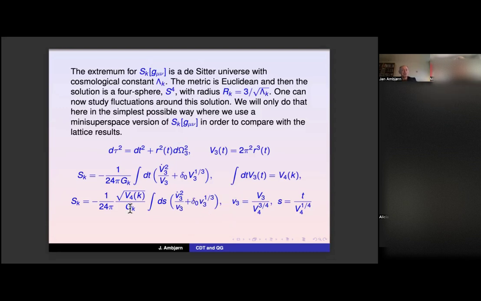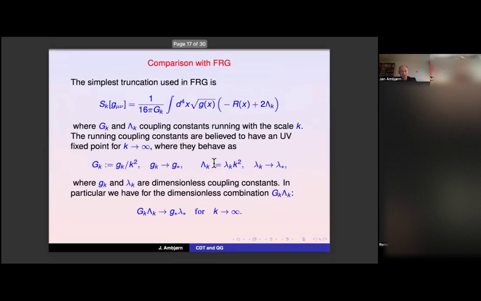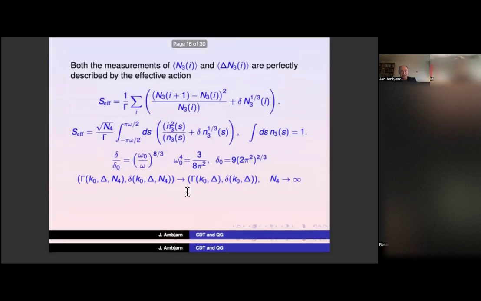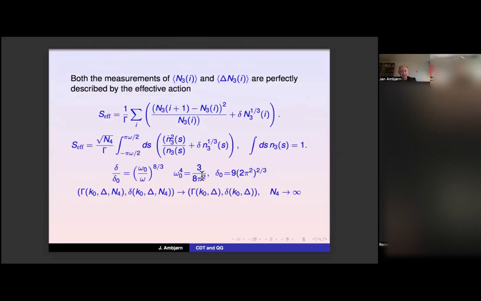So we have, this thing here was the square root of N4 divided by gamma. And then we had a delta here, not this delta naught. So these delta naughts were defined here. Omega naught was this, and delta naught was this thing here.